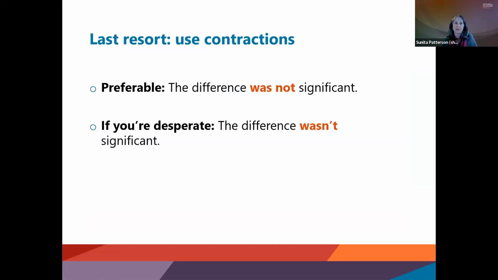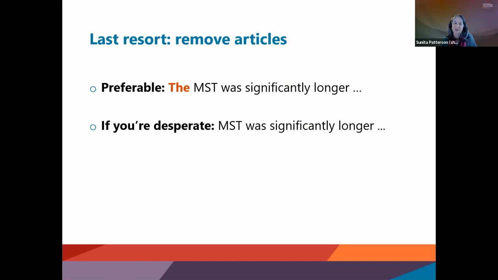If you're really desperate, you can use an apostrophe to use contractions, but these are really considered informal. So only if you're desperate might you use that one. And then this isn't punctuation, but if you were really desperate, in some instances, you could take out the article at the beginning of a sentence, and the sentence would still be clear.